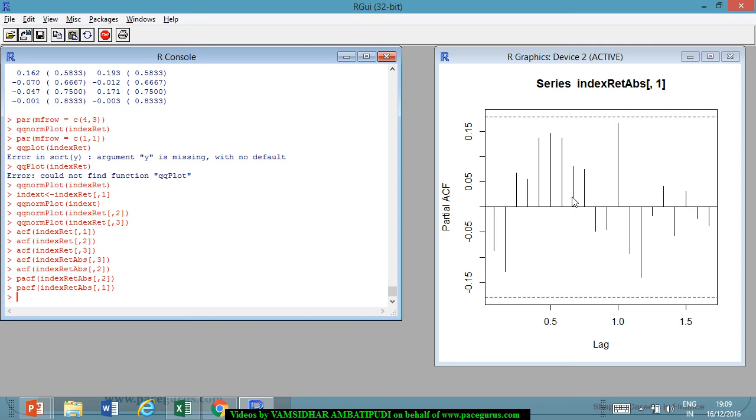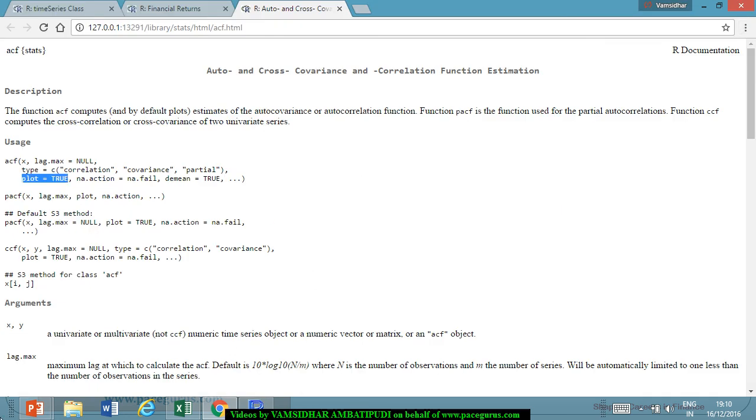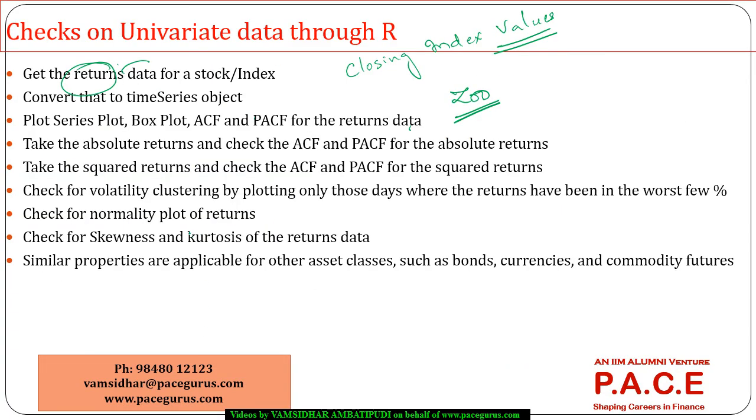So there are differences in the way the partial autocorrelation functions are present for each of the sectors. Now, with this, it's very much clear that all these rules that we have discussed theoretically exist.